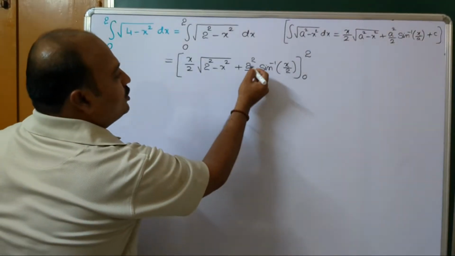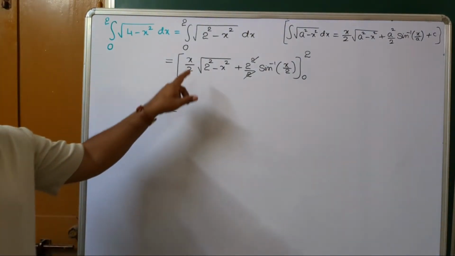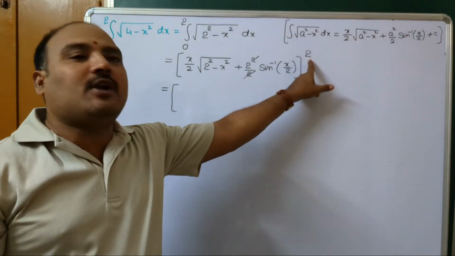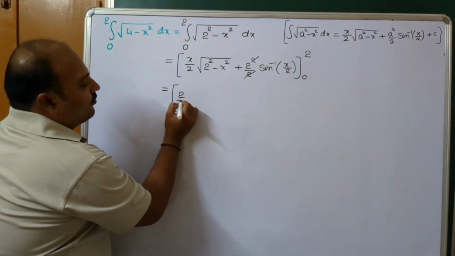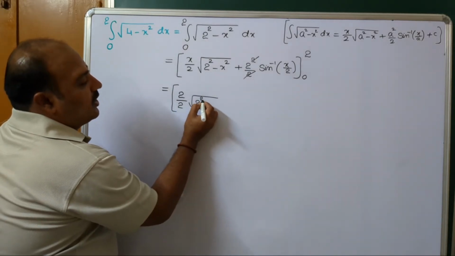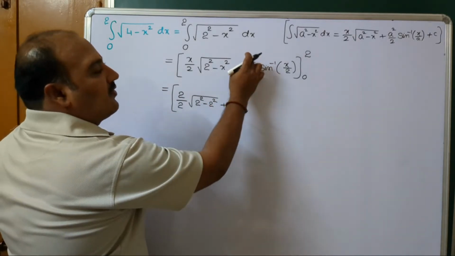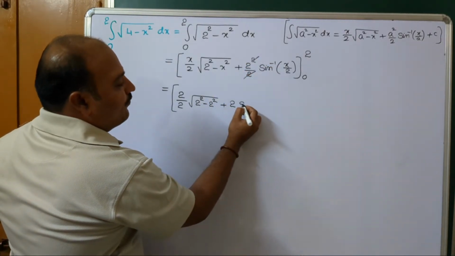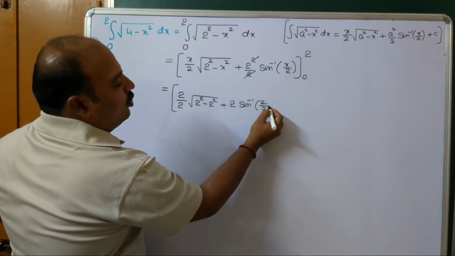So here the 2 gets cancelled. Keep bracket. First, wherever x is there, substitute the upper limit. So 2 by 2 into square root of 2 square minus 2 square, plus, one of the twos cancels, 2 into sine inverse of 2 by 2.